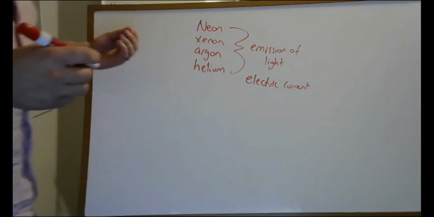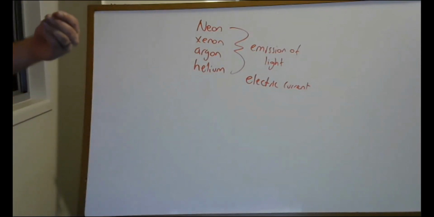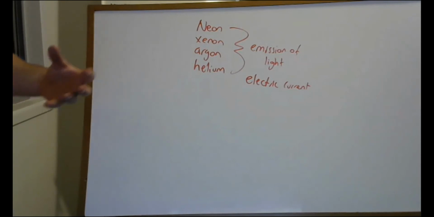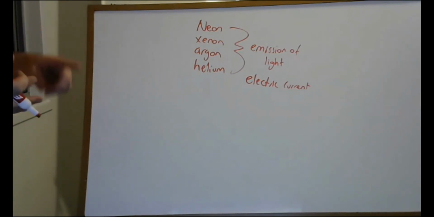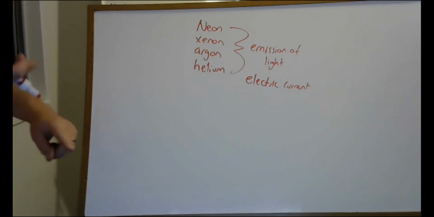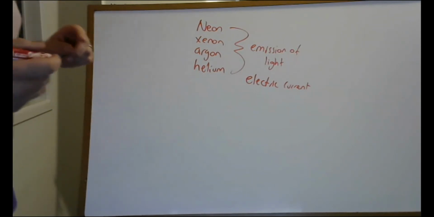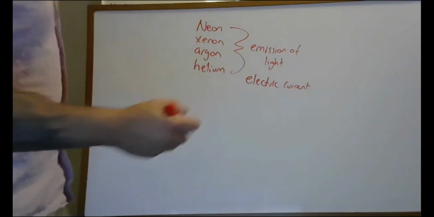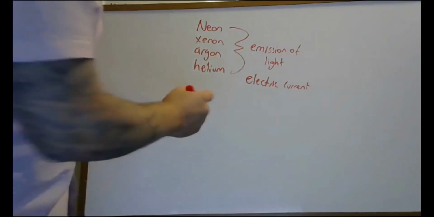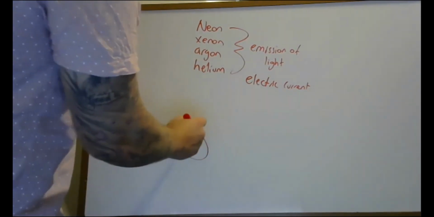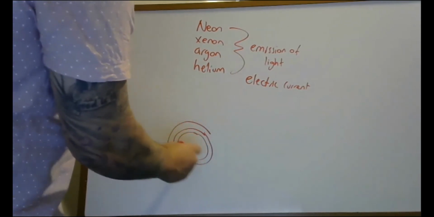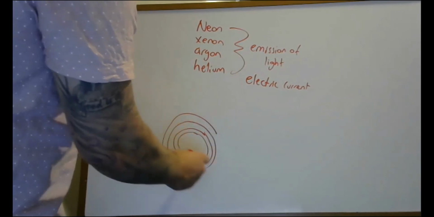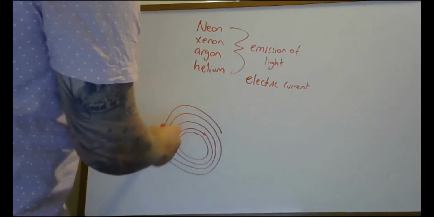So when we're talking about energy, talking about electrons or electricity, sometimes when they absorb light. If we remember the structure of the atom, and we know that there are 7 electron shells because there's 7 periods on the periodic table.